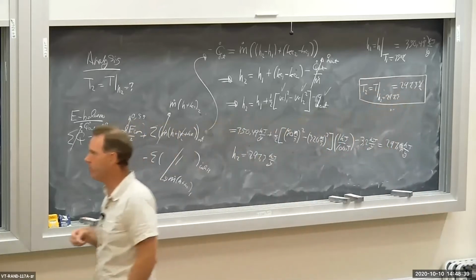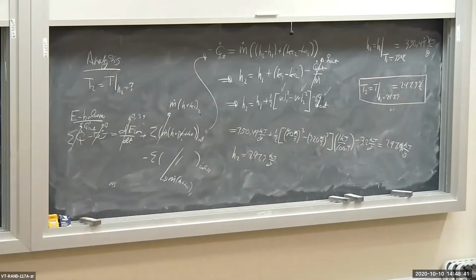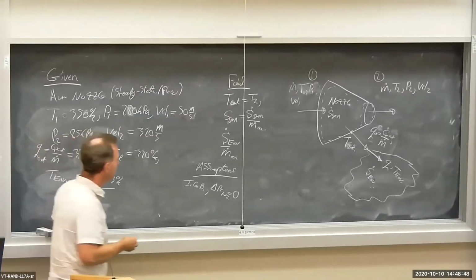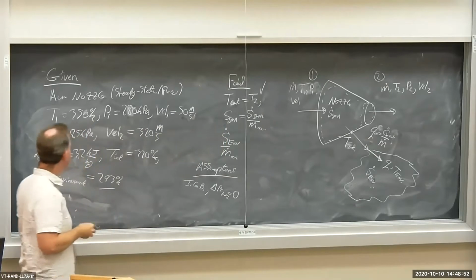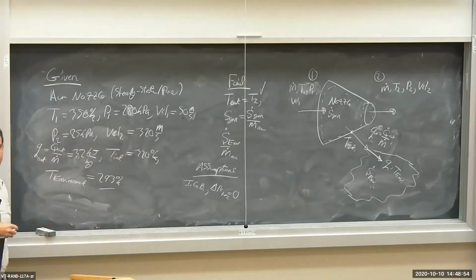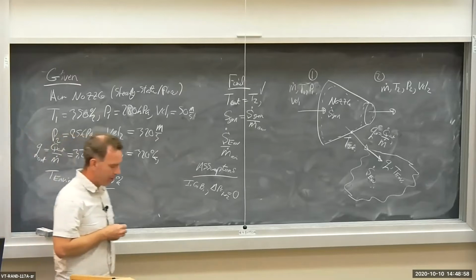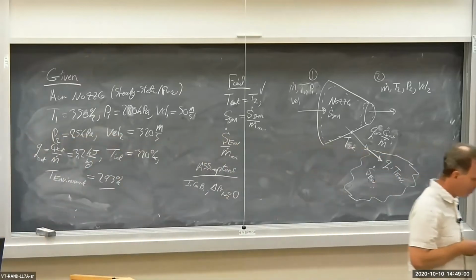So we got the outlet temperature, T2, now. Okay, so the air comes in pretty hot at 350 degrees K and leaves at about 300 degrees K. Just shy of 300 degrees K. All right? That looks good.